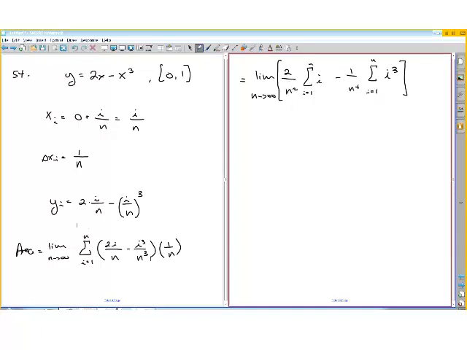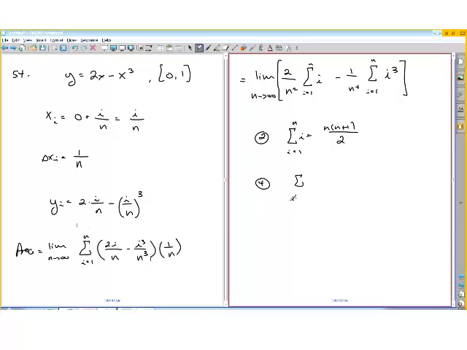So that's the way it always works out. You'll factor out all the constants, all the n stuff. You should be left with I or I cubed in these summations. Now we have two equations for these summations. Equation 2 says the summation from I equals 1 to n of I is n times n plus 1 over 2.